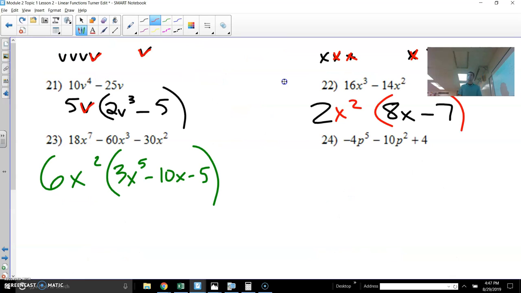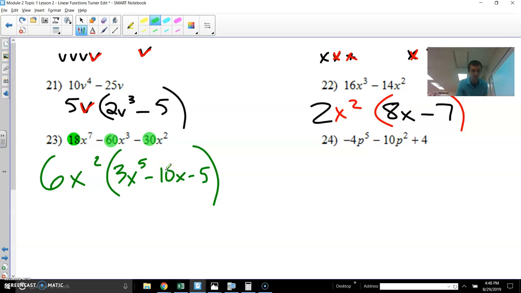Some of the more challenging ones have to do with variables. So for example, 18x to the 7th minus 60x to the 3rd minus 30x squared. If I'm looking at this, I want to address this in 2 different ways. First of all, what does 18, negative 60, and negative 30 all have in common?